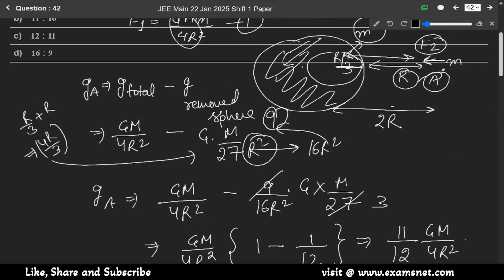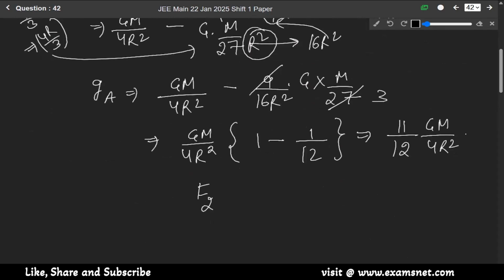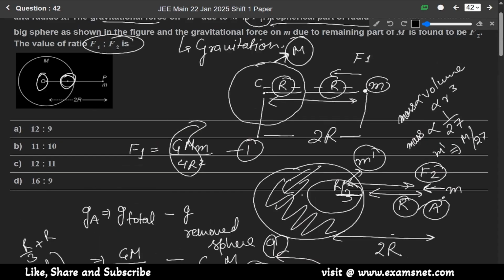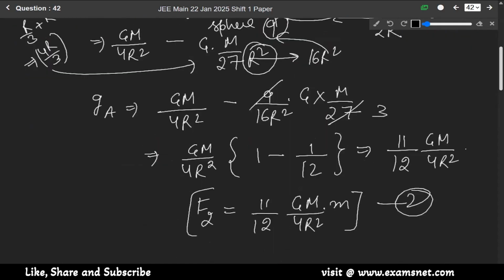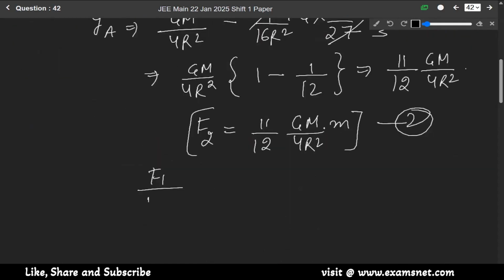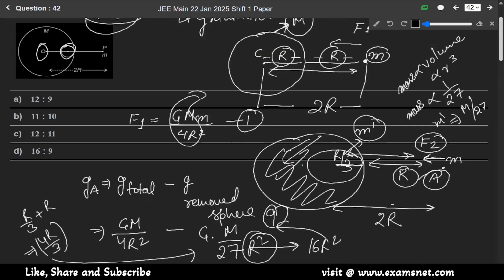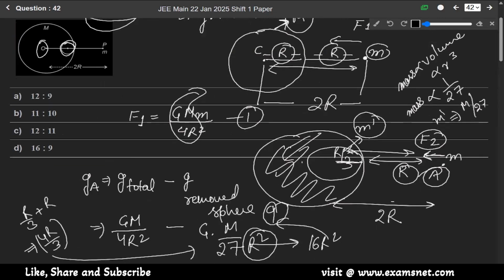Okay. Now F2 force will be 11 by 12 GM over 4r square into m. Okay. Let us say this is equation number 2. So we have to find the ratio of F1 to F2. So F1 over F2 will be equals to, F1 is what? GMm over 4r square.